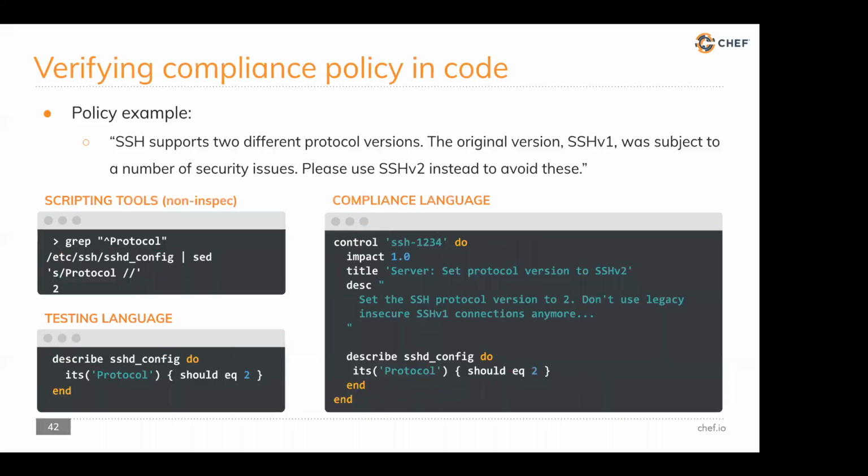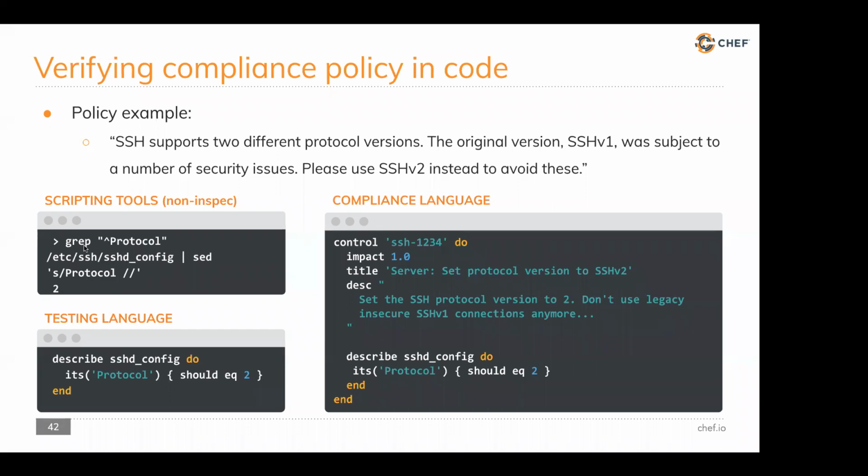InSpec is a compliance measurement language at its most mature state, but really it's a testing language. Its original iteration was really just a way to define something like a Chef resource, but in a read-only mode. The comparison on the left here is, say I wanted to test for some key inside the SSH config.